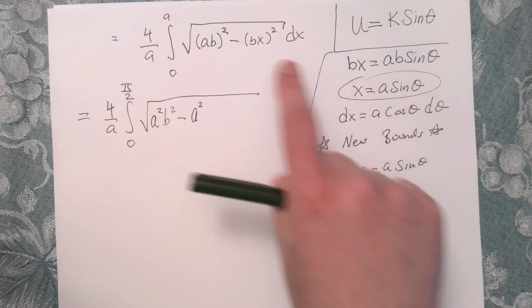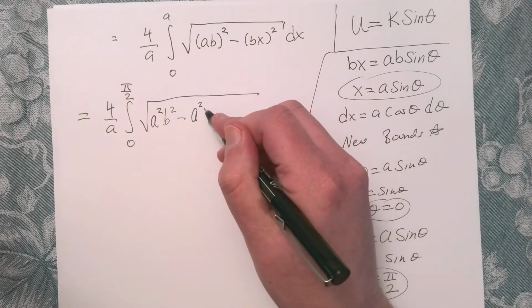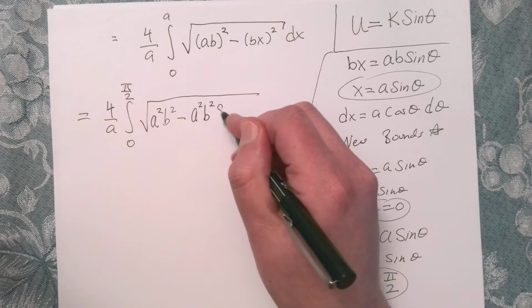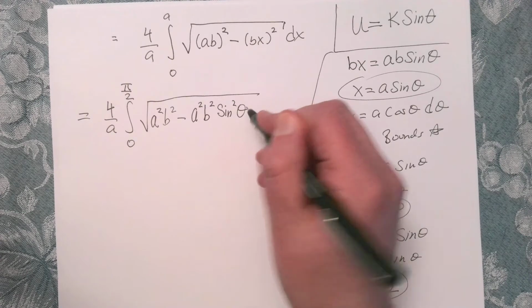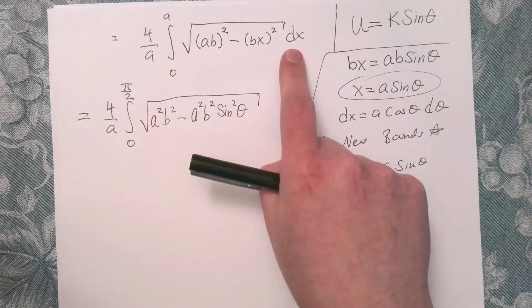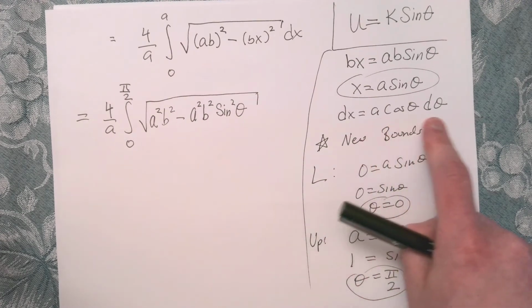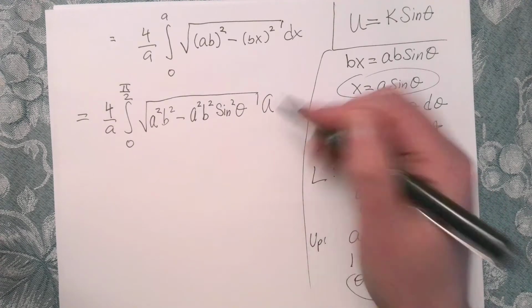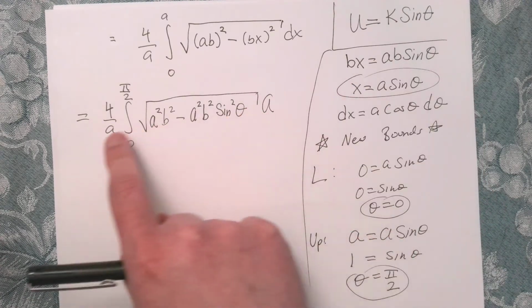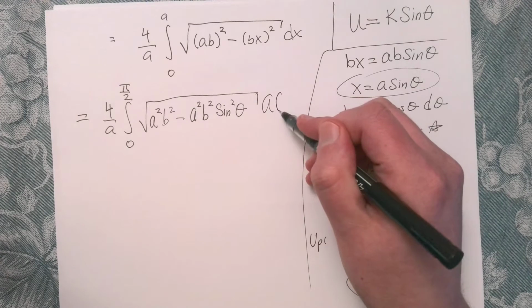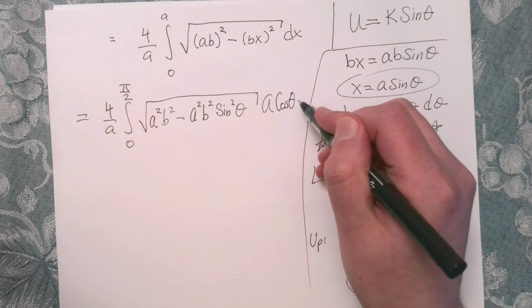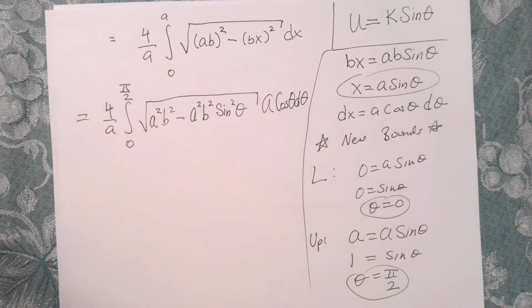So when I plug this in here and then square it, I get the following. So I've got this a squared b squared sine squared of theta business. And then dx is equal to this. Got some nice interplay right here. Okay, so this is looking pretty good so far.